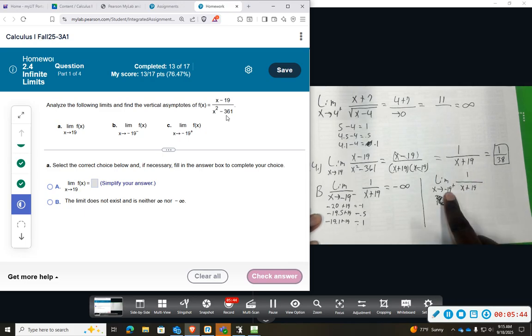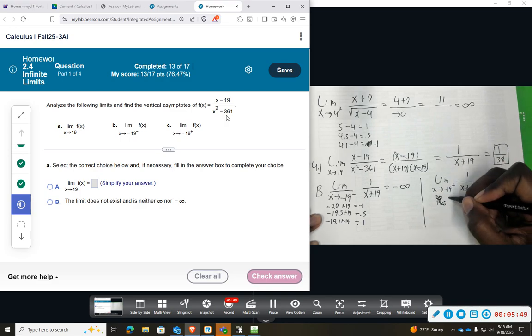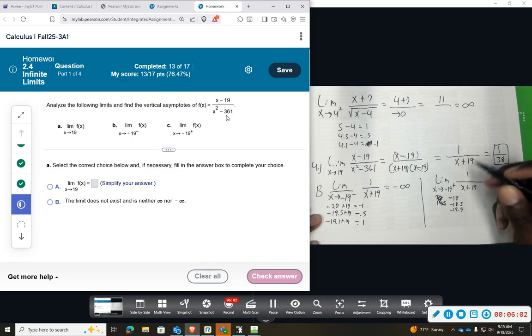I need to be going from the side of negative 19, so I'm looking at negative 18 and getting closer, so I'll look at negative 18.5 and then negative 18.9. I think I did the wrong thing earlier when I went to the negative side.